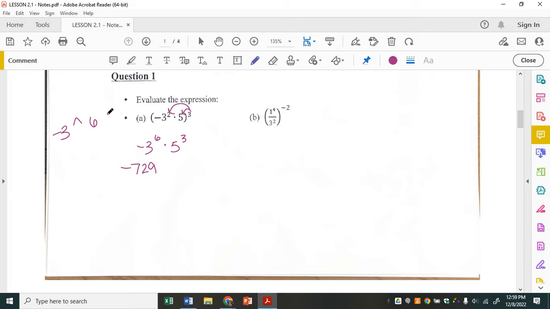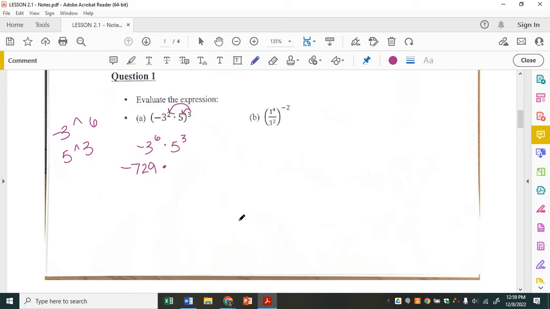Okay? Yeah. So that's what I get with just the -3 raised to the 6th. Then I'm going to plug into the calculator 5 with my up arrow, 3.